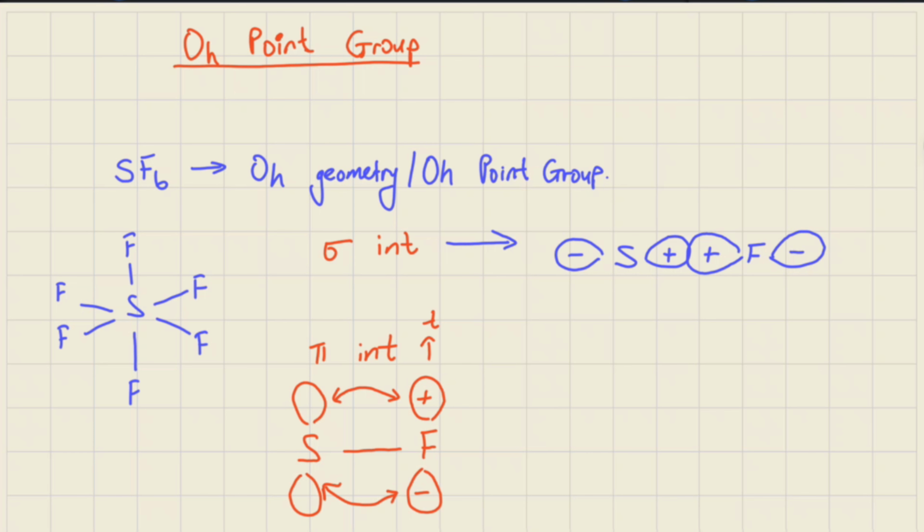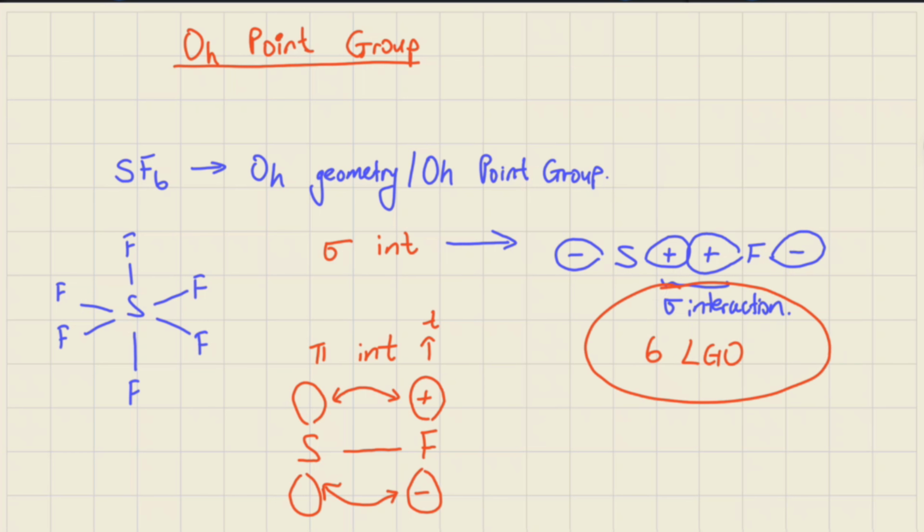So this is our sigma interaction. And basically we have 6 LGO, which is due to the sigma interaction, and we would have 12 LGO from the pi interaction, which is not important. We will not consider it.